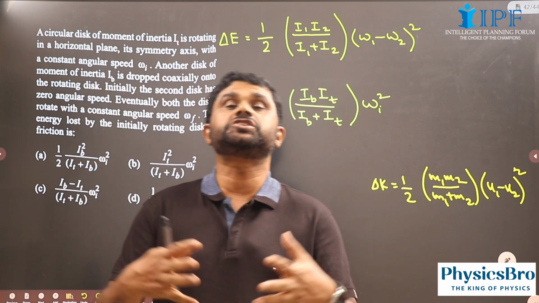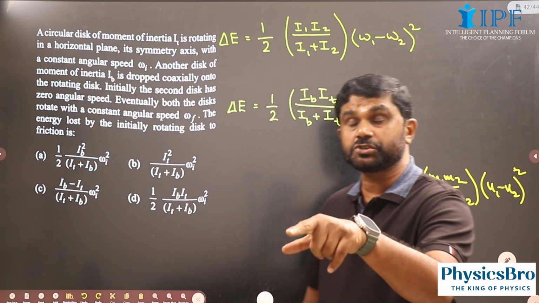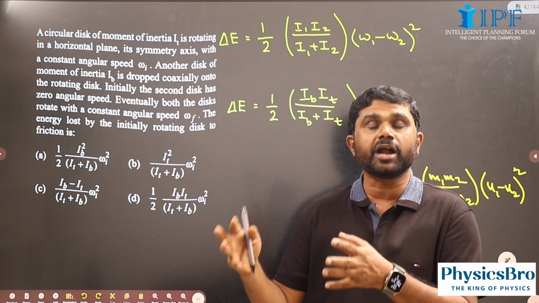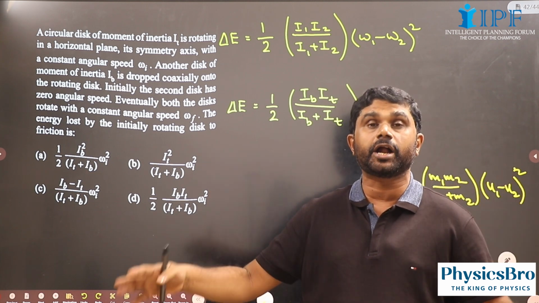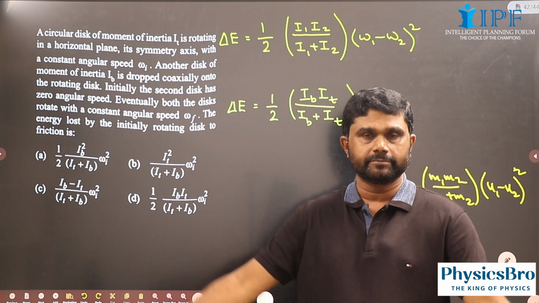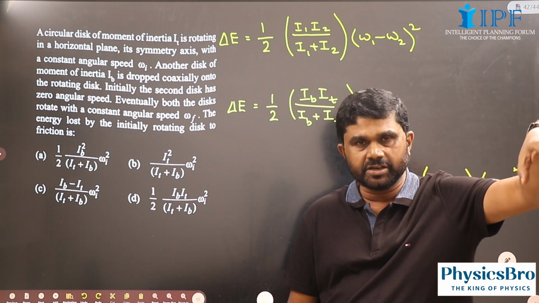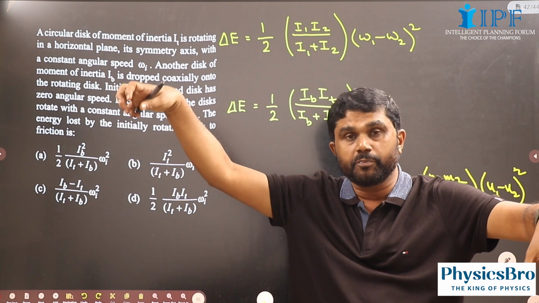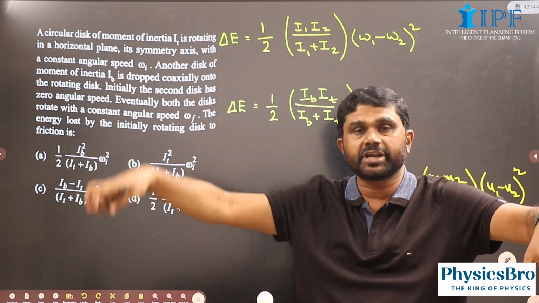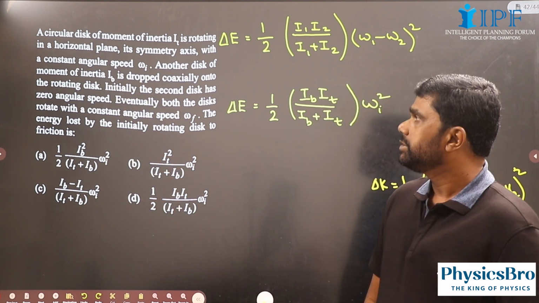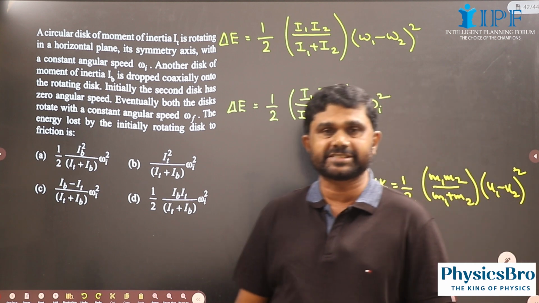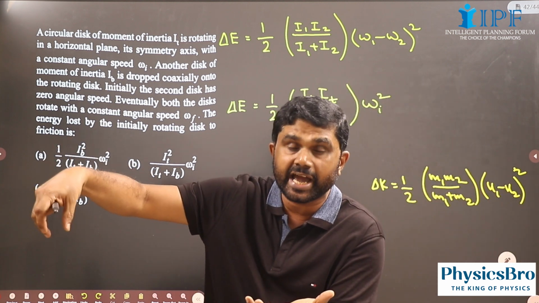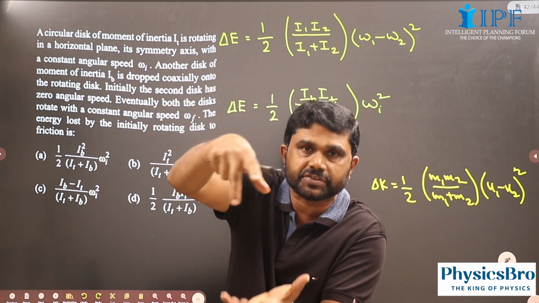Here we have two rigid bodies with moments of inertia I1 and I2, rotating independently with angular velocities omega 1 and omega 2. Here we have two circular discs. Suppose I take the second disc and gently place it over the first.